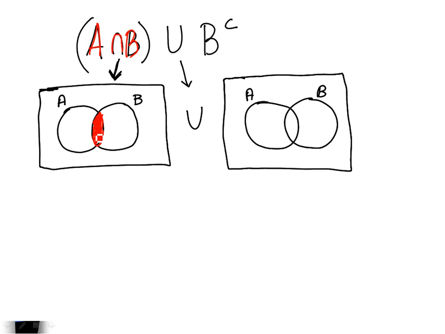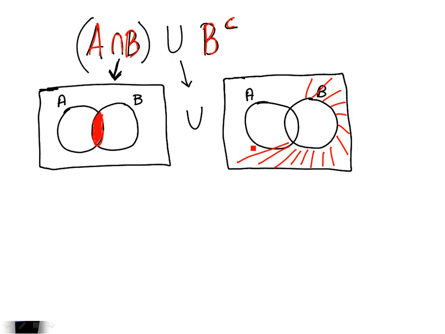Okay. And B complement. What is B complement? And we can do that in red too. B complement. And the reason why you can use the same color is that essentially what you're doing is putting the two things together.